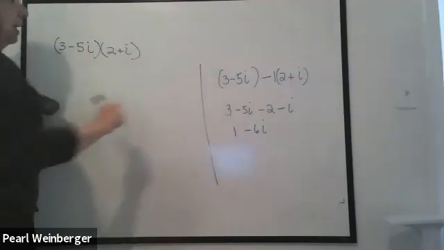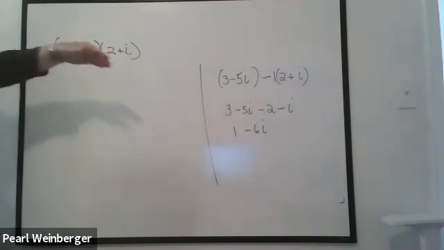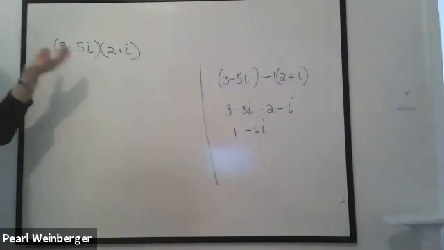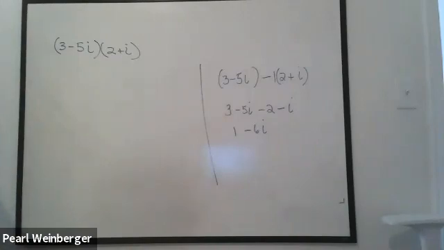Taking the same two complex numbers, instead of subtracting them, I'm now multiplying them. Well, guess what I see? I see two binomials, and I want to multiply the binomials. Remember, I can't simplify these any further because the 3 and the 5i are not like terms. It's like regular algebra. We use FOIL.